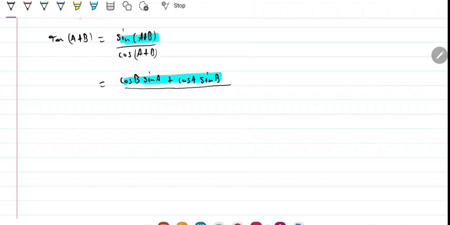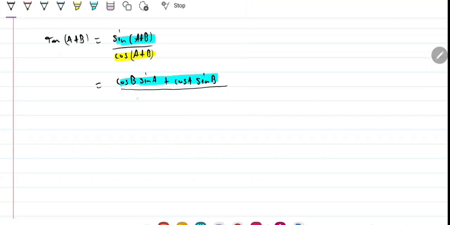Divided by, expand the bottom, cos of A plus B. And we found that cos of A plus B was the cos of A times the cos of B minus the sine of A times the sine of B. Right, that was the expansion we got.